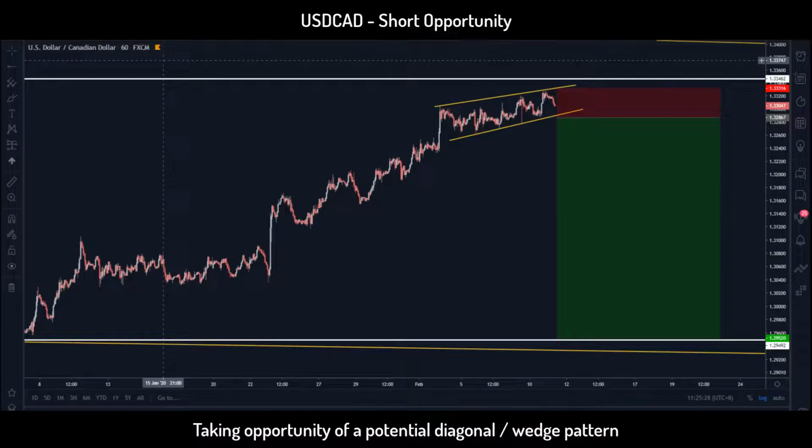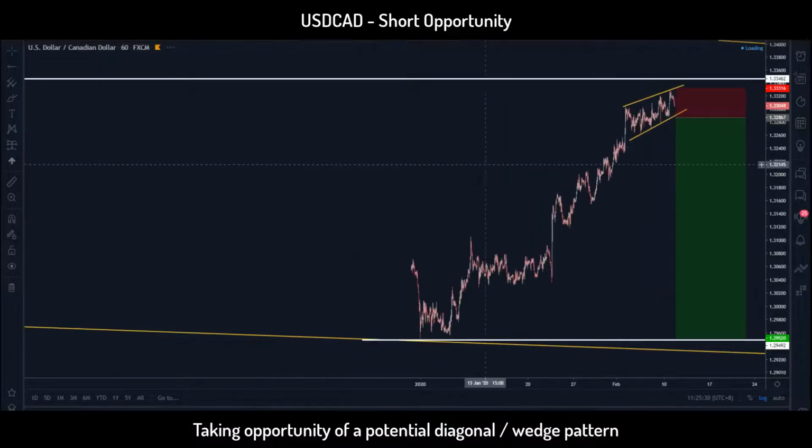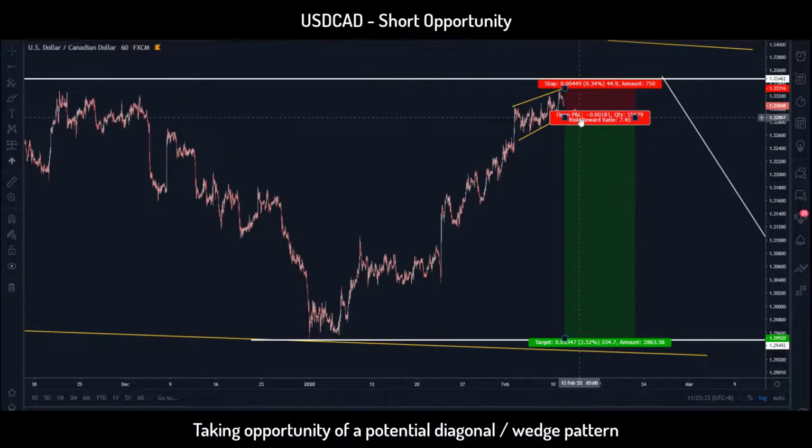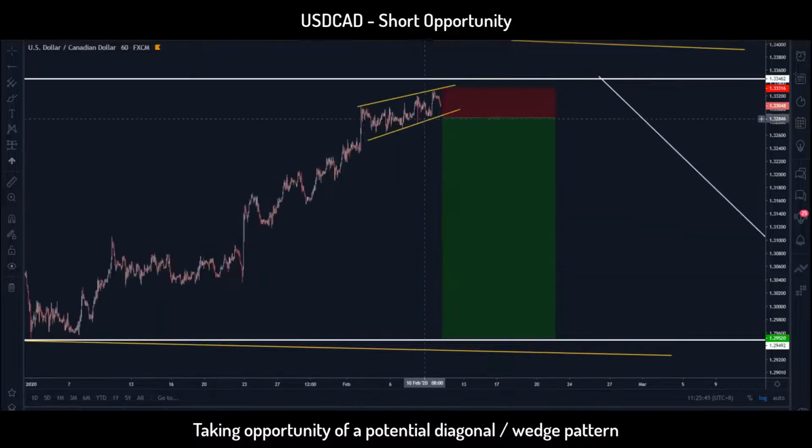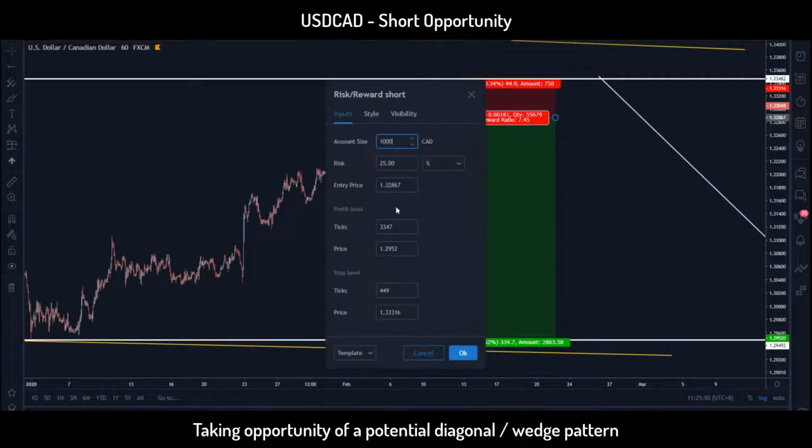So with that in mind, I'll simply wait patiently for the price to break out of this particular structure, this pattern called the diagonal, and I would then start to enter the trade and manage it accordingly. There are some very minor details, like putting it at some nice number.